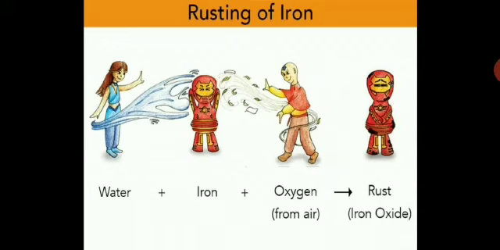And then there is a formation of iron oxide. A layer of red substance forms on the surface, and that is called rust. So you can relate to these chemicals present in the air, which are attacking iron, and understand the formation of rust.